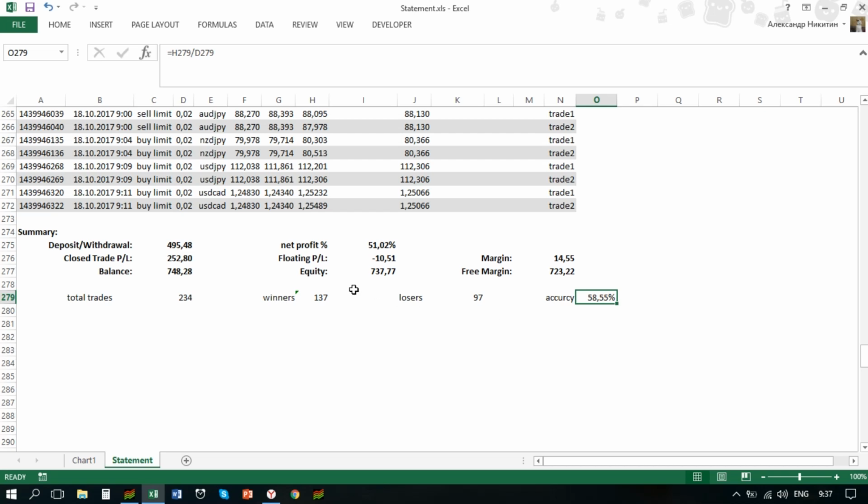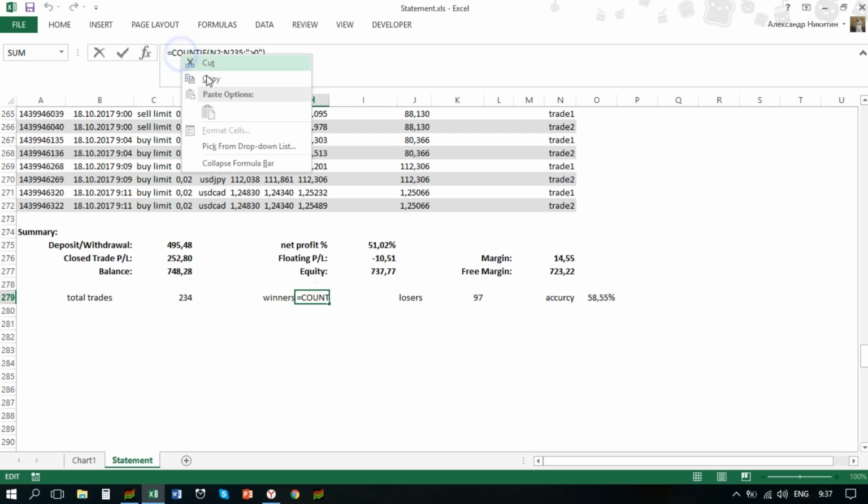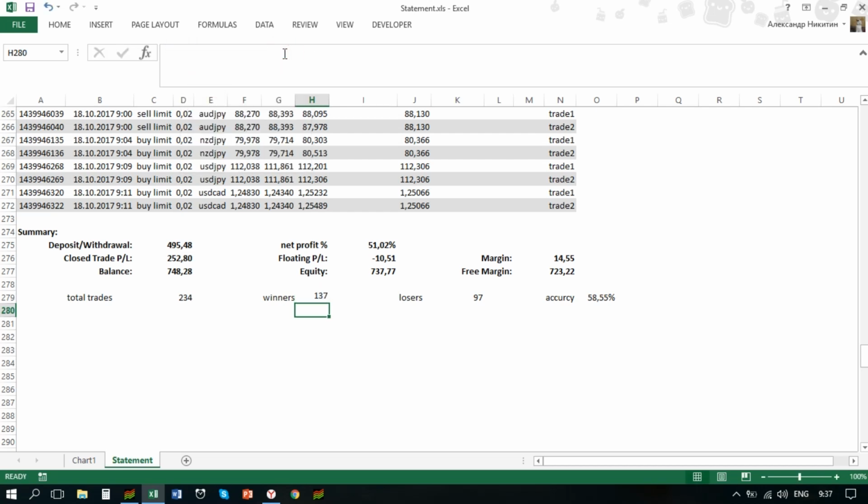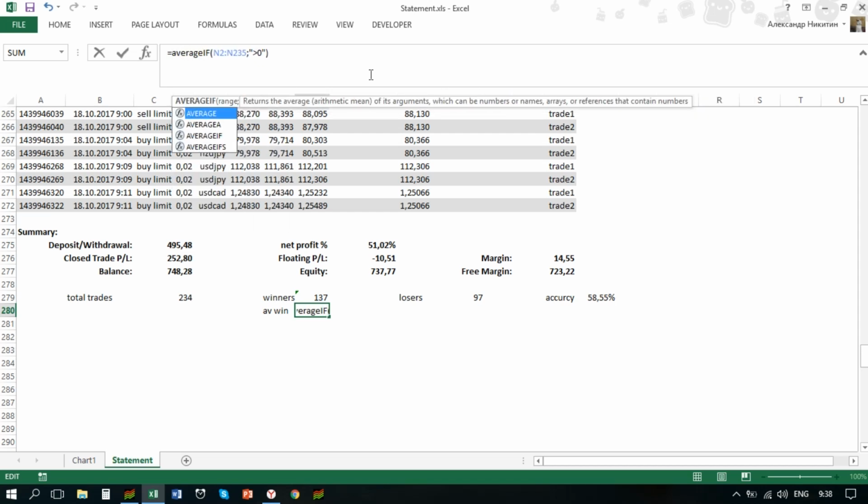So this is the accuracy of that. Okay, let me copy that. I will need this formula. Average winner, average loser. Yes, average winner. Let me paste it here, Control V, and here I need this not being count, but I need this being average if.